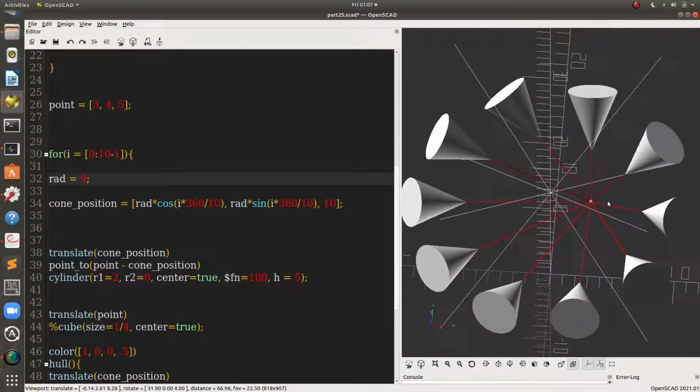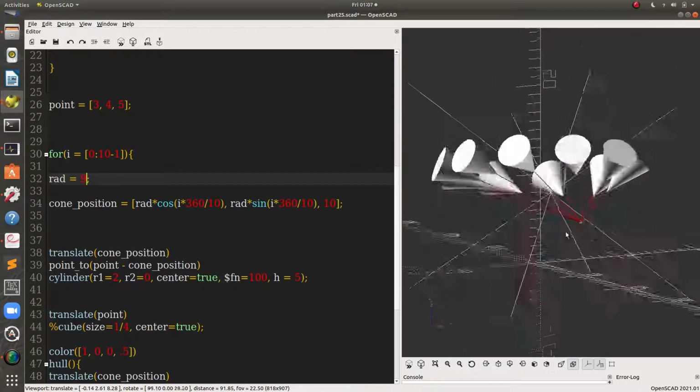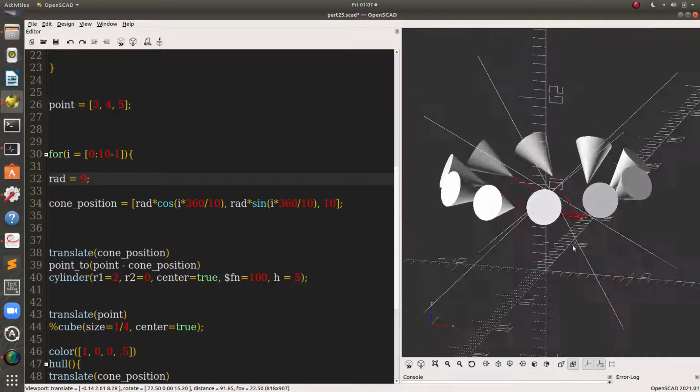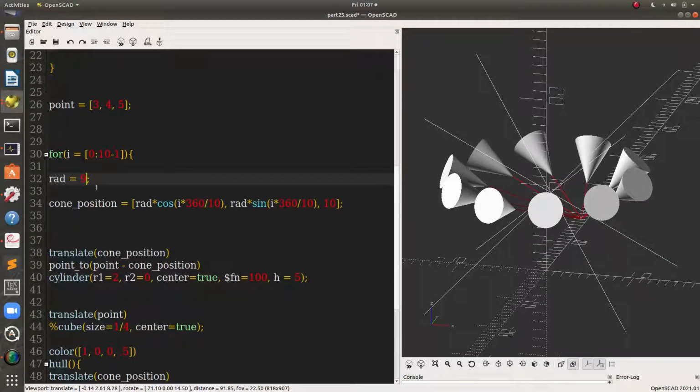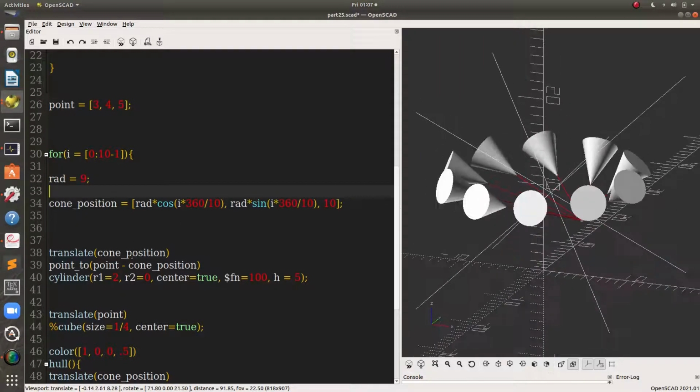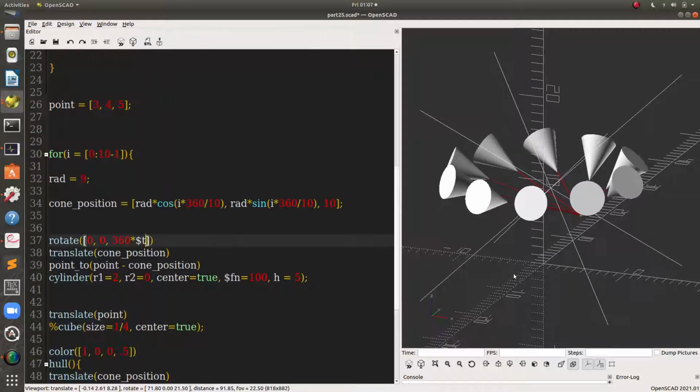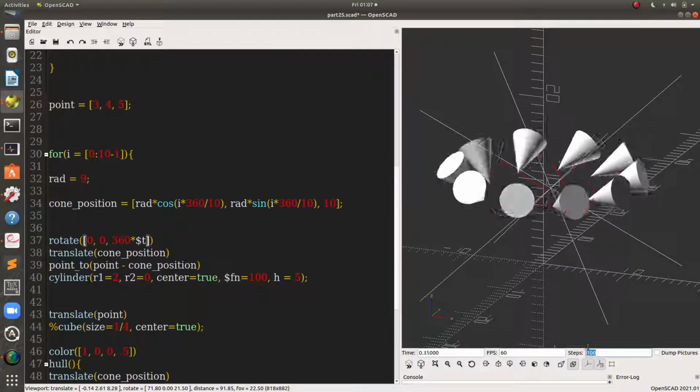Say 9. And I can make a cool animation. If I rotate, well, that doesn't work at all.